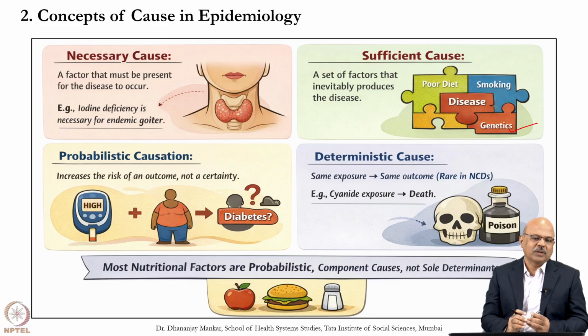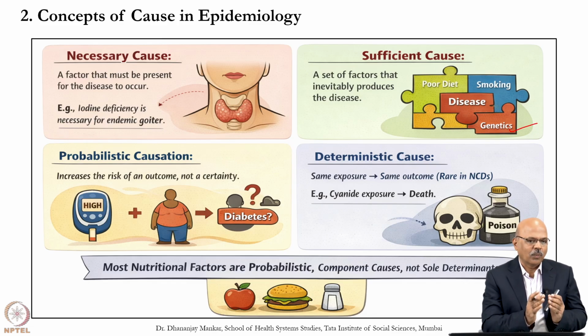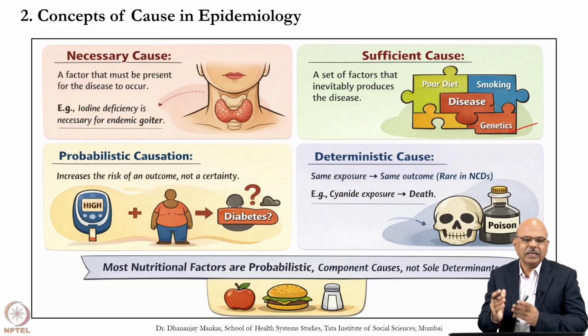Probabilistic causation, for example obesity and diabetes: there is a probability that you may get an increased risk. The increased risk can come as an outcome, or sometimes there may be uncertainty, and there might not be an association. So, there is probabilistic causation.